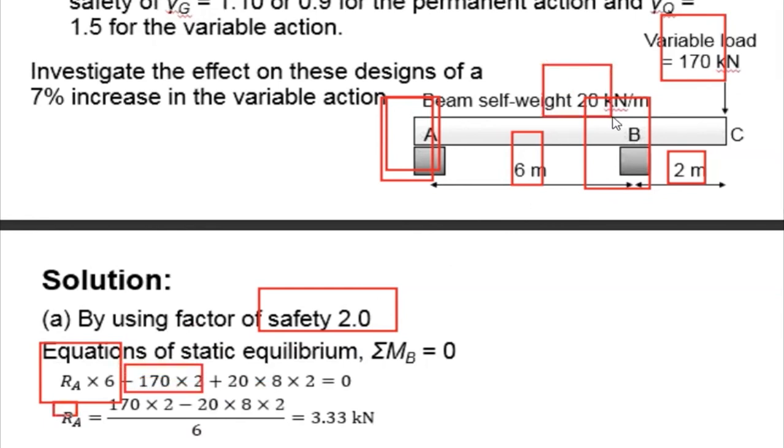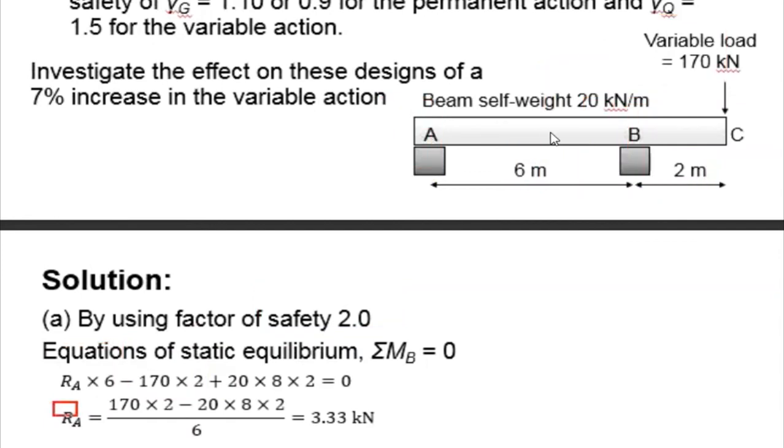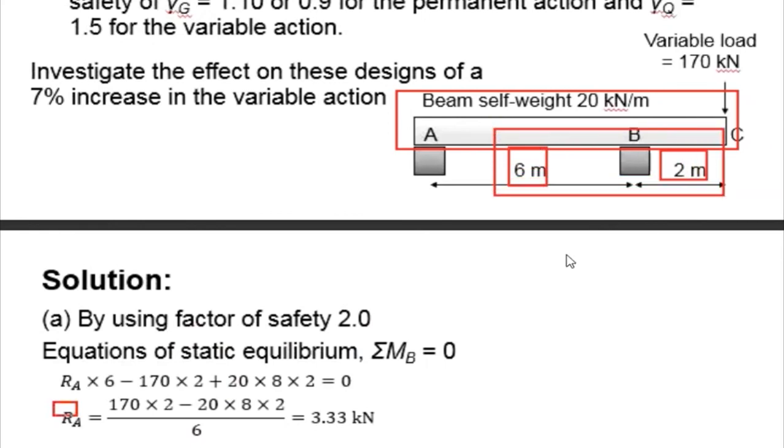Also for the uniform distributed load, half of it times the distance from support B gives the moment for the uniform distributed load. The uniform distributed load is this load here times this plus this one, which gives 8 meters. So you multiply by 8, and half of the 8 meters is 4 meters.